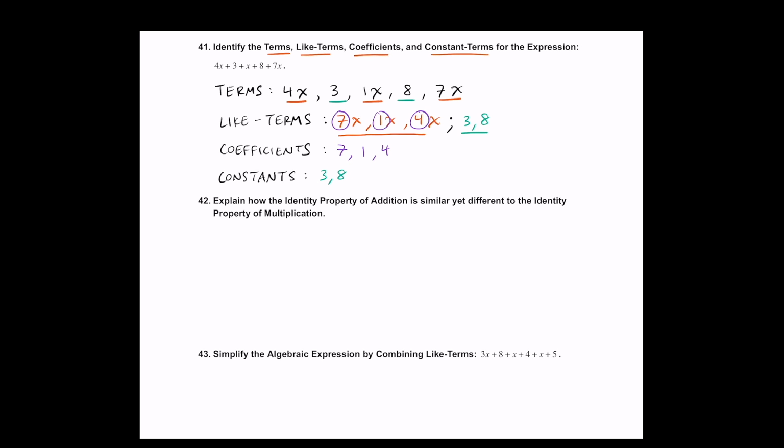Okay. Talking a little bit about, in 42, we have properties. So we have the identity property of addition. And how is it similar yet different to the identity property of multiplication? So the identity property of addition, we call that maybe IPA, identity property of addition.